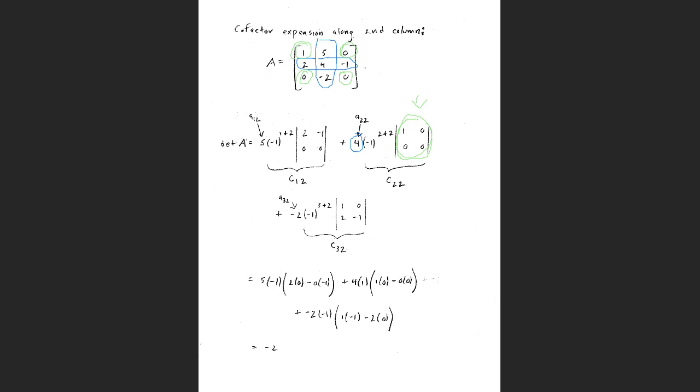And this is in the recording, of course. Okay, and then finally, the last part of the determinant, the third part, has a -2. Well, -2 is in the third row and the second column.